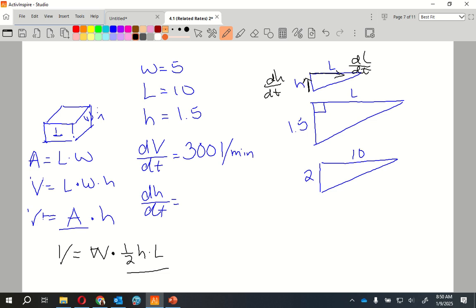So I'm going to say that the ratio of my height to my length is going to be equal to 2 over 10.